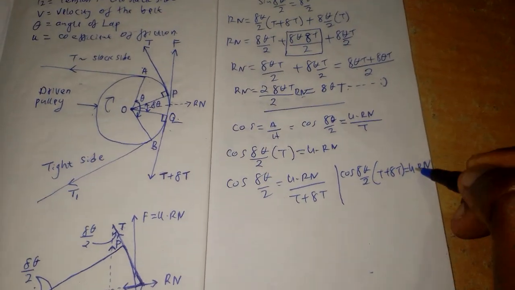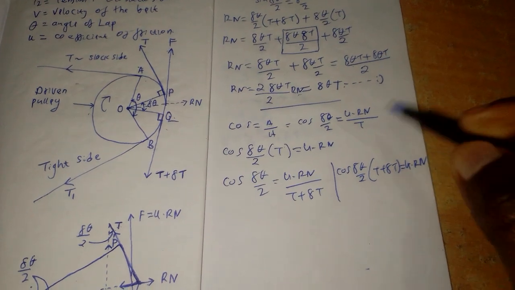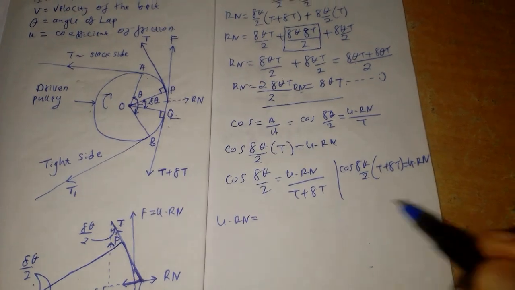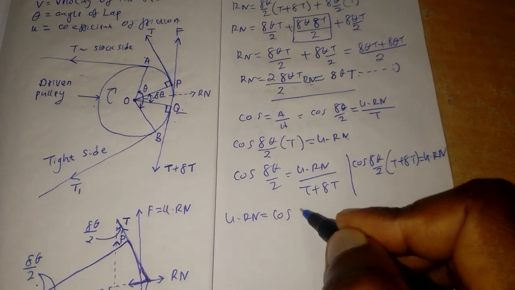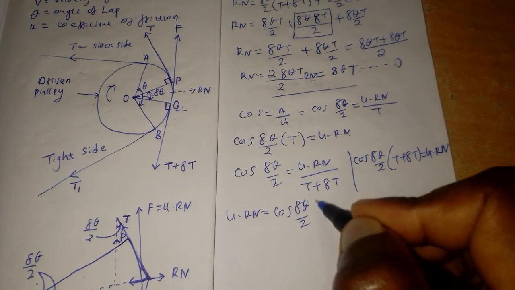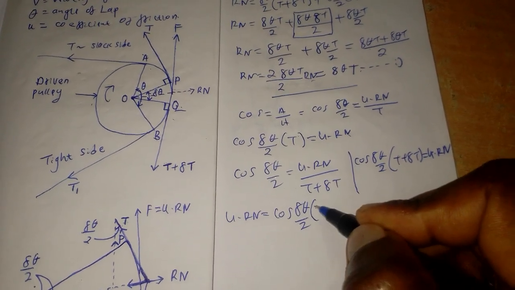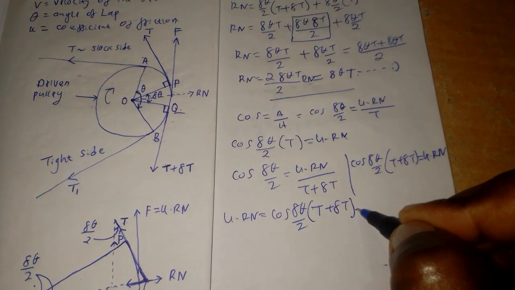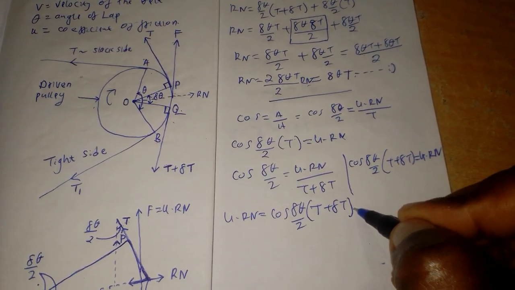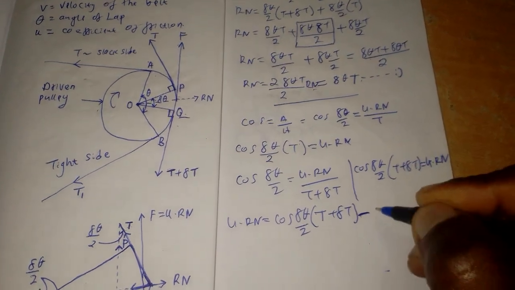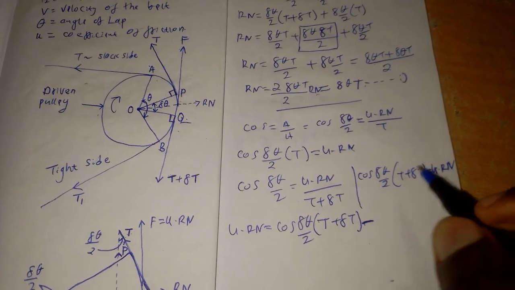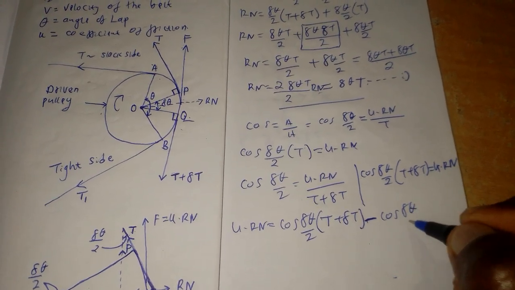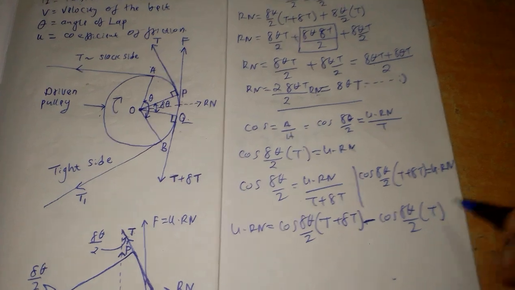Now let's combine this one with this one. Mu Rn is equal to cos alpha theta divided by 2 times t plus alpha t. Because it is vertical, we are going to minus cos alpha theta divided by 2 times t.